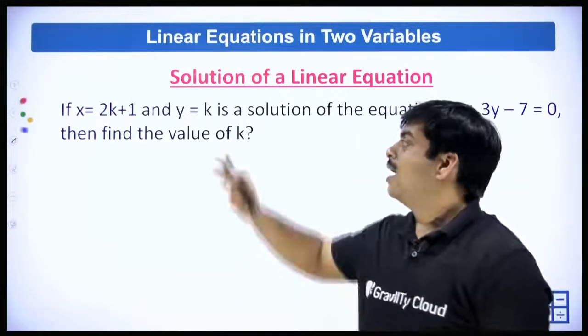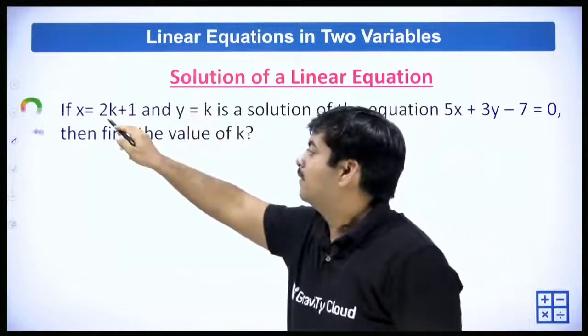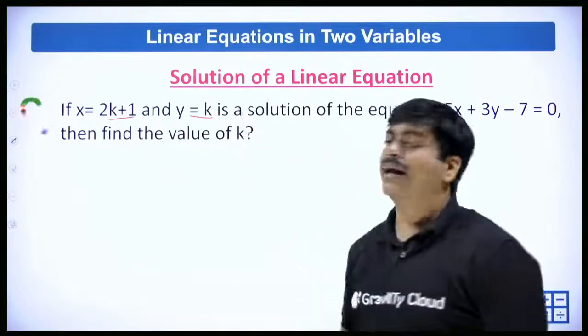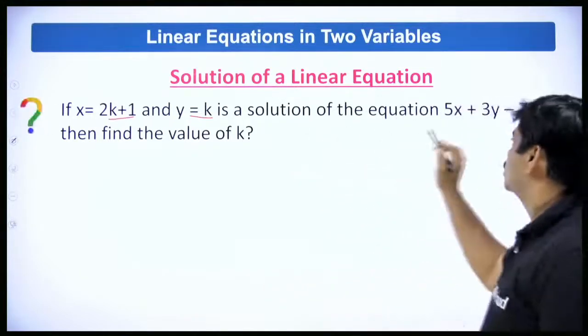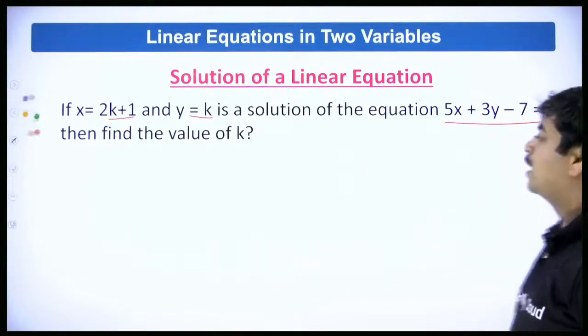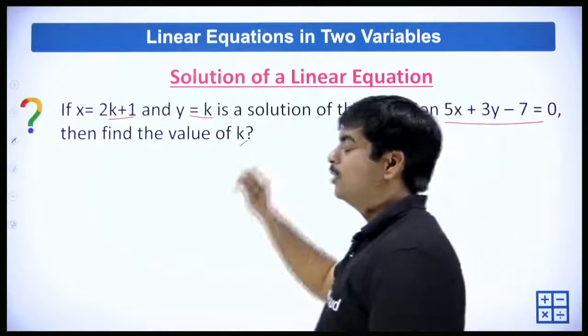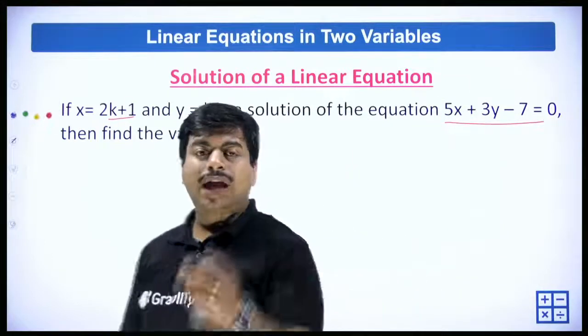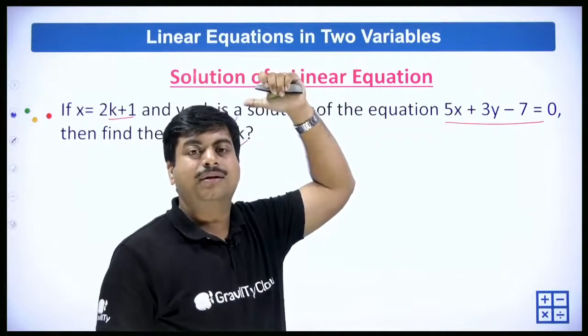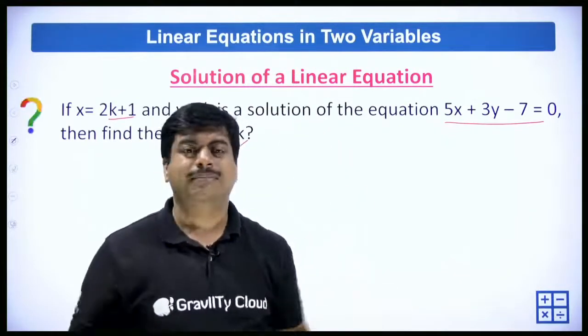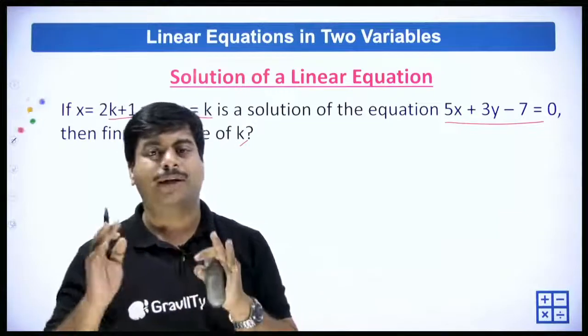But here x and y are given in terms of k. Find the value of k. So we don't have k in the equation, but we have it in the values of x and y. So the process is the same, just substitute and find the value of k.